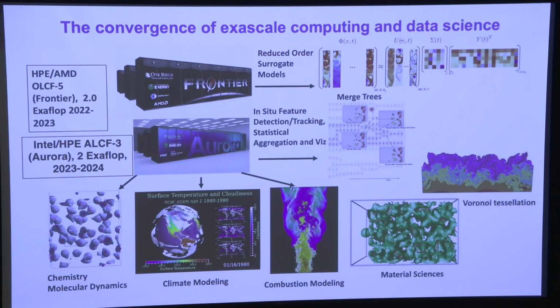So I just want to give you a little heads up for what's to follow. I think we're in an era now where high-performance computing, first principles DNS, LES, coupled with data science is really taking over. We're using data science to come up with reduced order physical models and surrogate models for DNS to speed things up. We're including in situ visualization, feature detection tracking, statistical aggregation and visualizations, more complicated workflows.